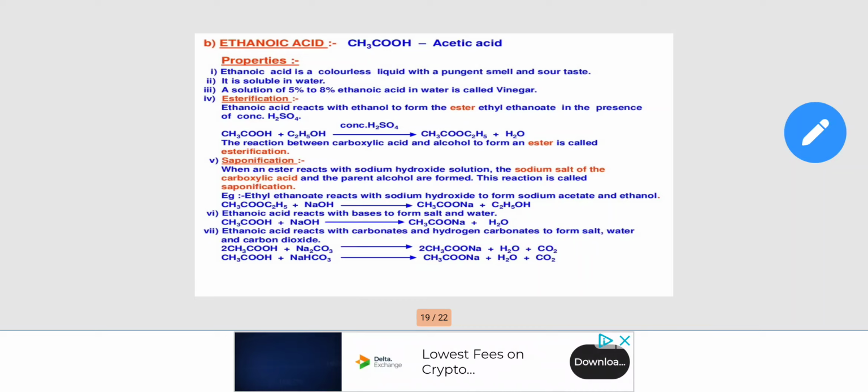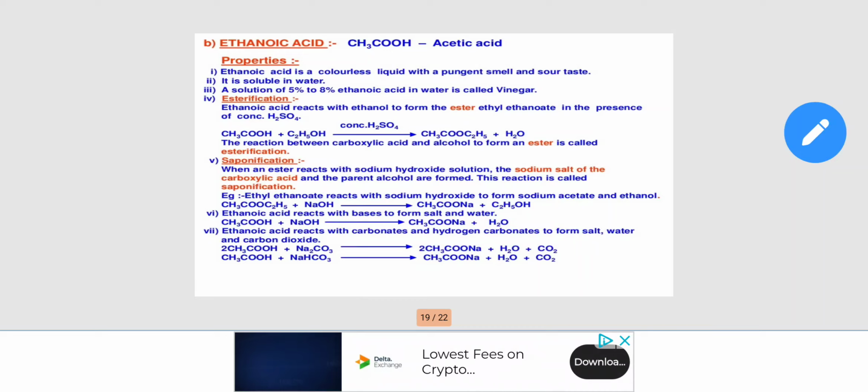For example, ethyl ethanoate reacts with sodium hydroxide to form sodium acetate and ethanol. CH3COOC2H5 ethyl ethanoate reacts with NaOH and gives CH3COONa and C2H5OH.